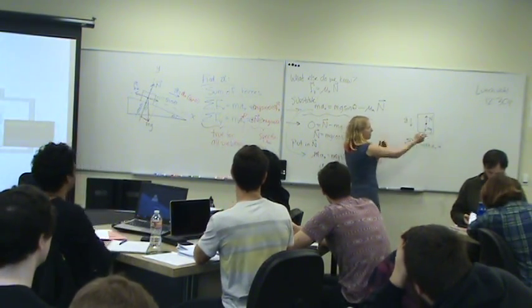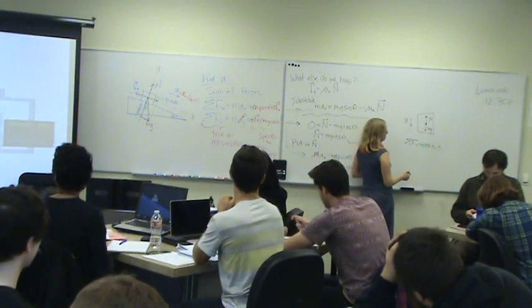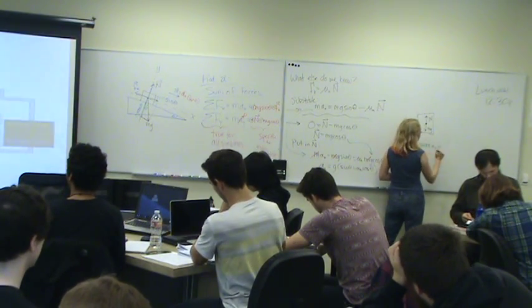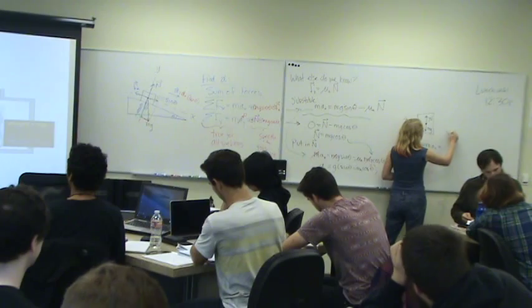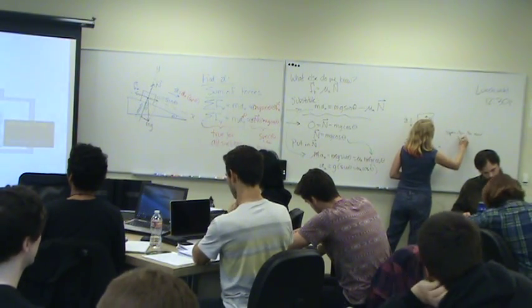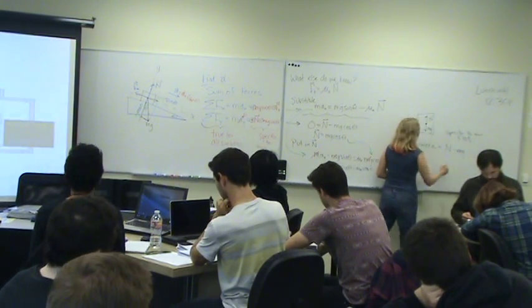Then I'm going to put in all the forces that I see. Again, this is the stuff that's specific to our free body diagram. We have the normal force, which is up, and minus mg down.